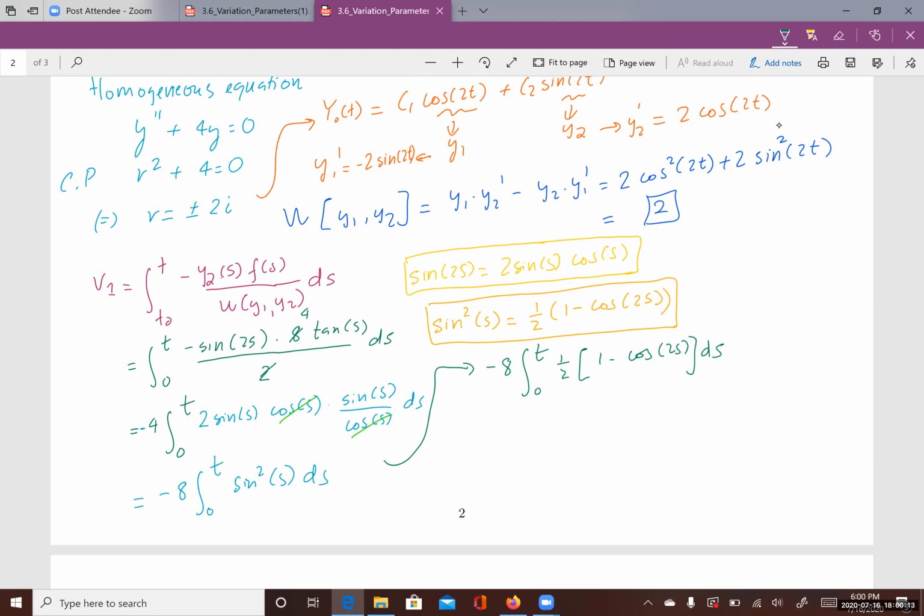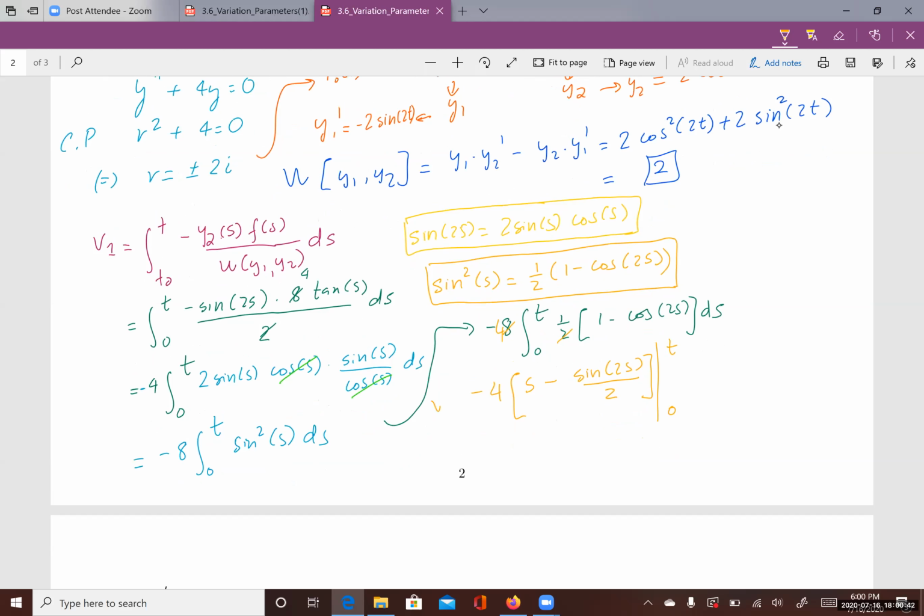Okay, so simplify this, we'll have -4. Integral of 1 is going to be just s. The integral of cosine 2s is going to be sine 2s divided by 2. This is the antiderivative of this function, and you integrate it from 0 to t.